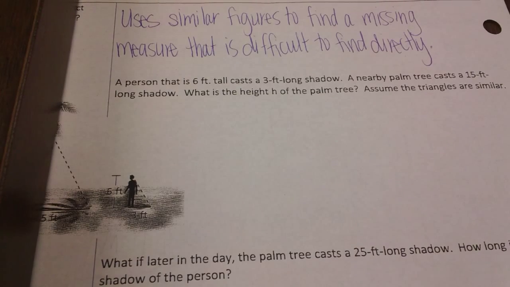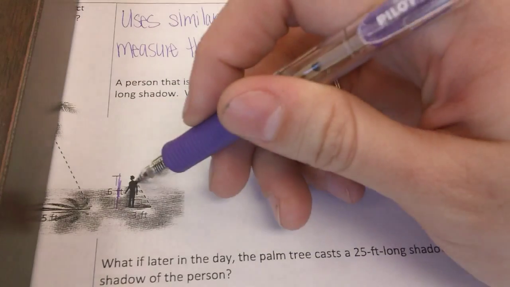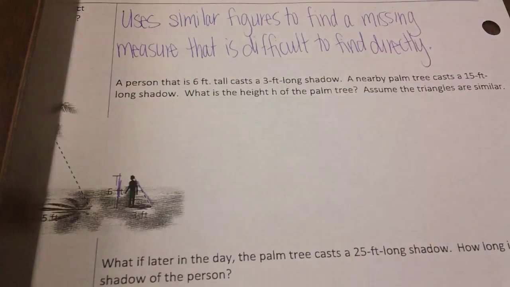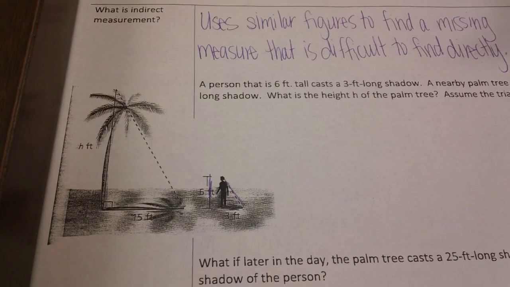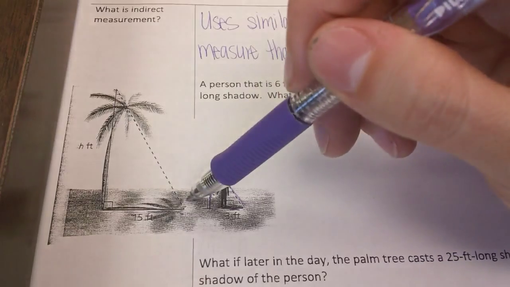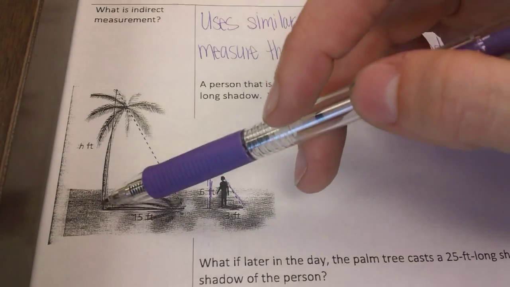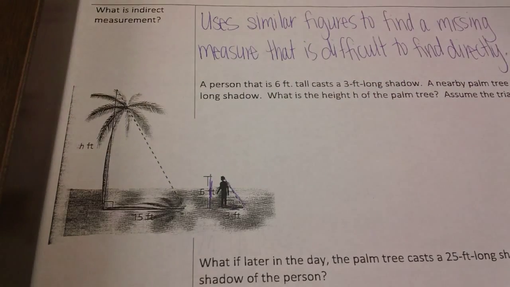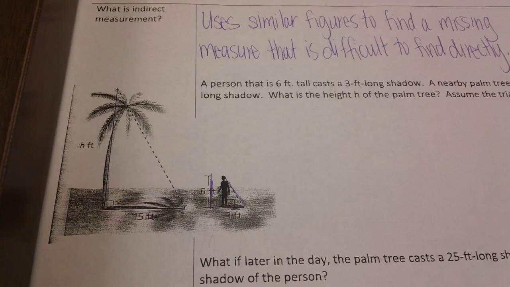A person that is 6 feet tall is here, and they cast a shadow that's 3 feet long. So there's their shadow. A nearby palm tree casts a 15-foot long shadow, and it's easy to measure the shadow because that's on the ground, but if we're trying to figure out how tall the palm tree is, that would be much more difficult to measure.